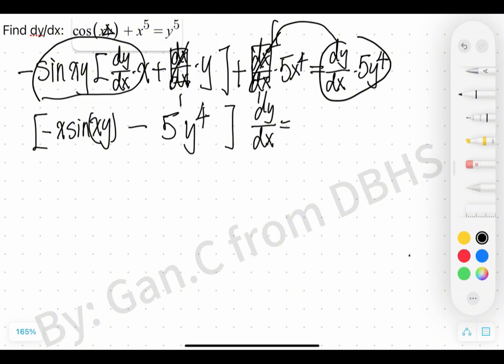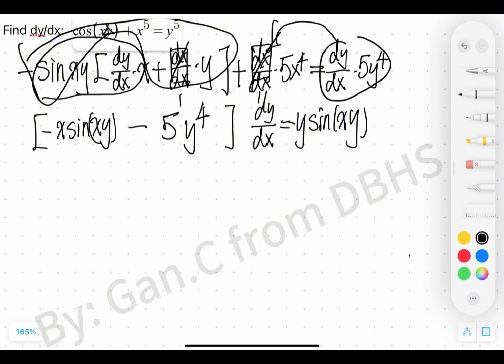times dy over dx, which equals to, in this case then, what's this? Negative y times sine xy minus 5x to the 4th power, right? Because I put it here then.